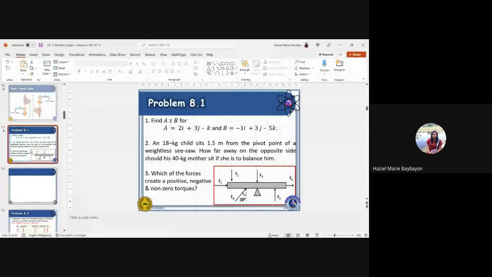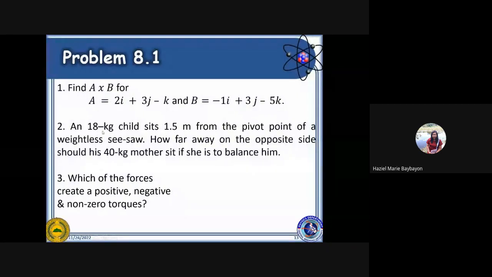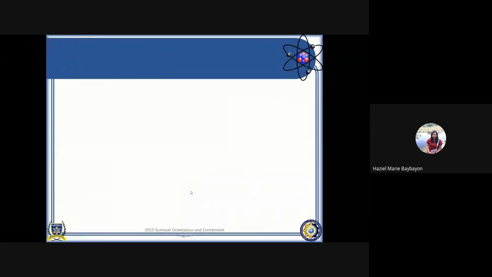We are given the mass of the child, which is 18 kilograms, at 1.5 from the pivot point. And his mama is 40 kilograms. So where should the mama sit on the opposite end in order to balance the child? So you have this.